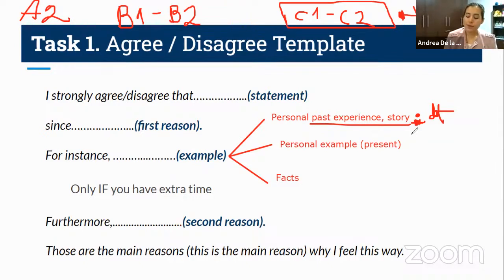So what that means is that you should keep it a little bit formal. That's why we're using words like, for instance, since and stuff, and we're using an academic structure, but you need to keep it natural too. So it's about creating a balance between sounding natural, not sounding weird, and also sounding academic, right?